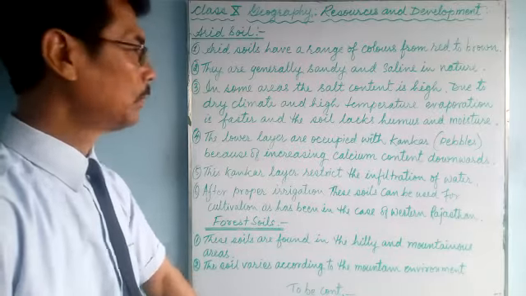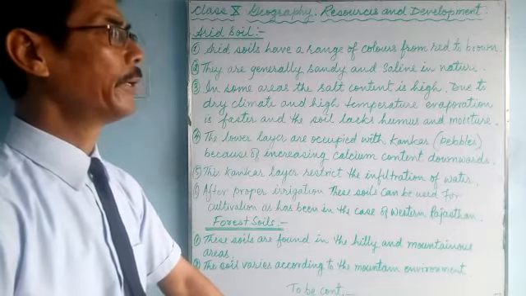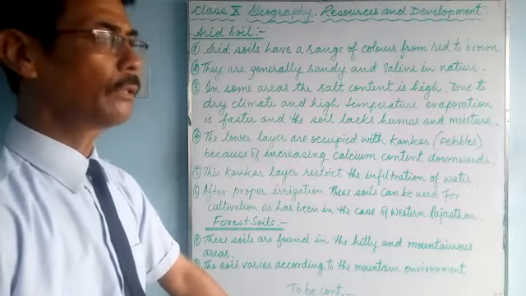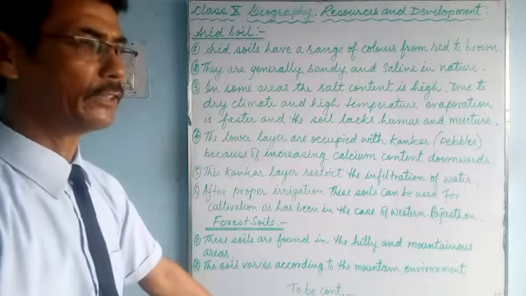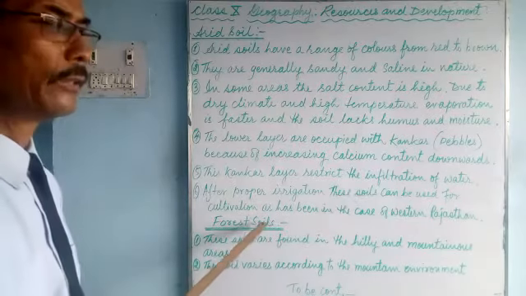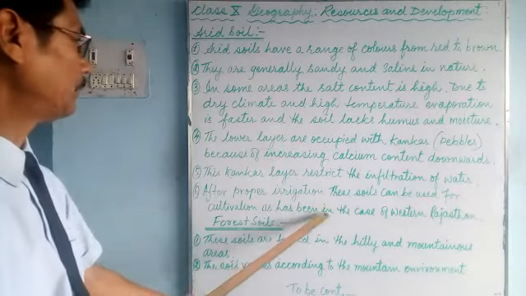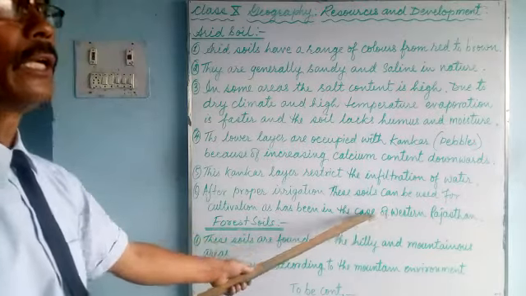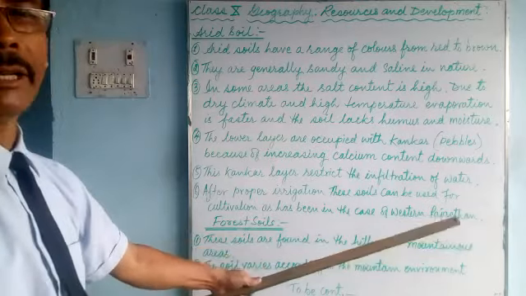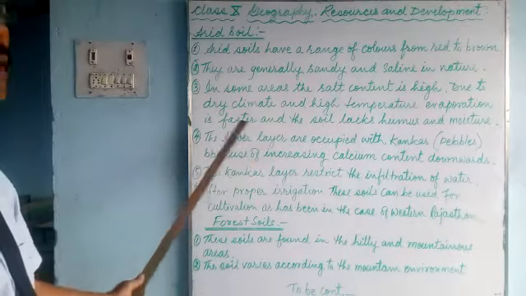It's the longest canal in Rajasthan, the Indira Gandhi Canal, and the water is supplied to the semi-arid or arid regions, and these soils can be used for cultivation. That is what is happening in Rajasthan. Cultivation is being done there because water is available. So now this is about the arid soil.